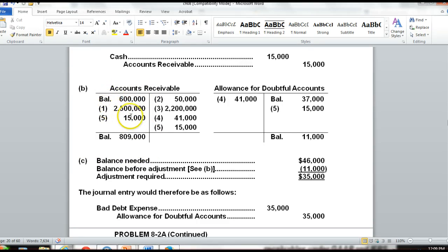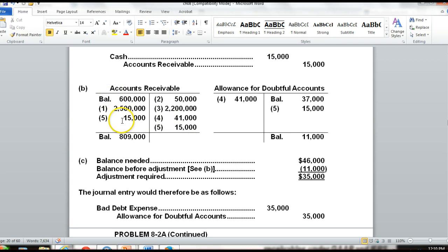We added our credit sales. We credited our returns. When we received the cash, we credited receivables. When we wrote off some accounts, we credited it, but then when we reinstated those accounts because they were paying, we debited those receivables back and then credited them when they finally paid.